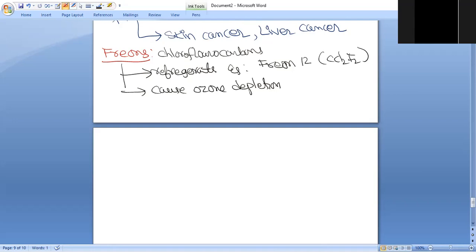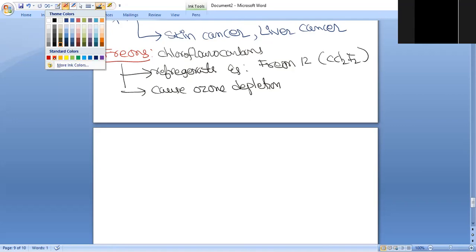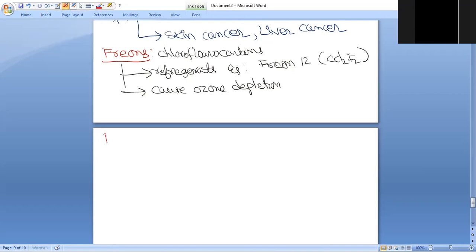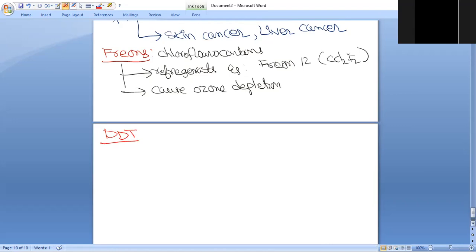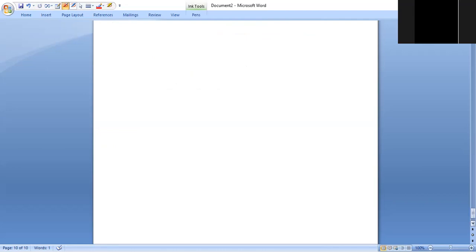Next, they have given DDT. DDT is another compound. What is the abbreviation, the complete name?